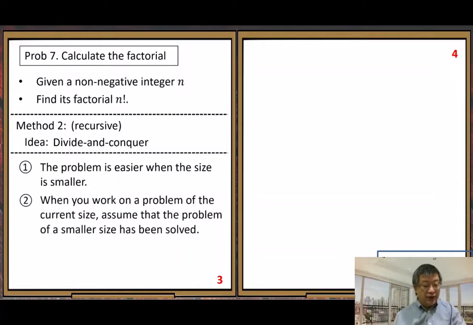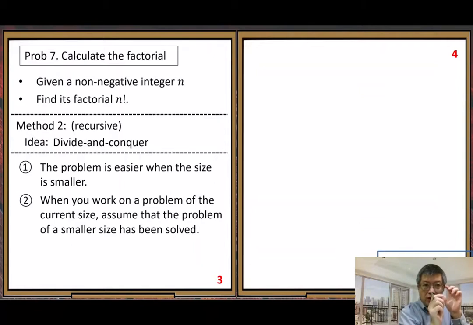Second, when we work on a problem of current size, because the size can change, we increase the size one by one, and when we look at the question of the current size, assume that the problem of a smaller size has been solved.